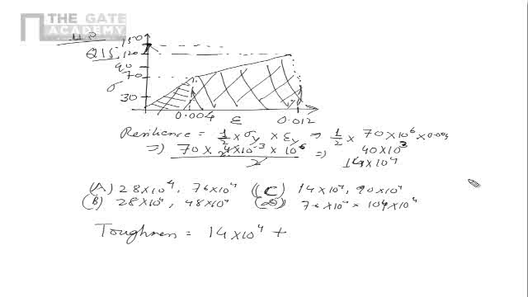How do I find out the trapezium area? It is the average of the two heights, 70 plus 120, multiplied by the distance between the two lines, this gap, which is nothing but 0.08.